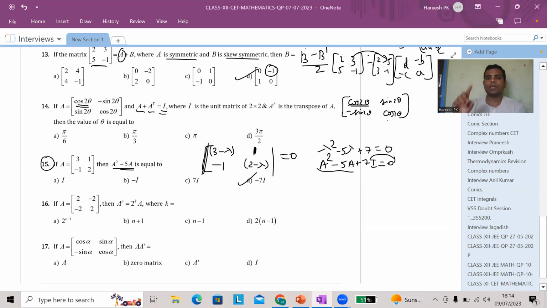So 2 cos 2 theta should be 1. That means cos 2 theta should be half. That means 2 theta should be 60 degrees. So theta should be 30 degrees. It's a direct one.